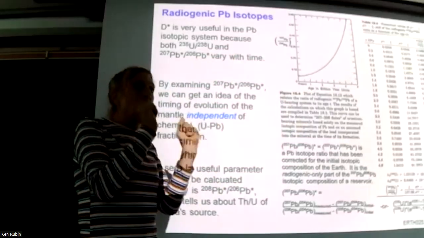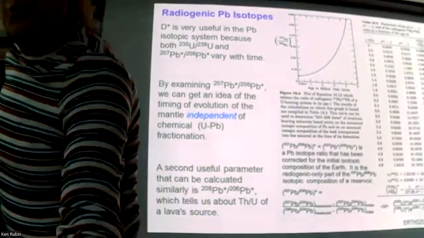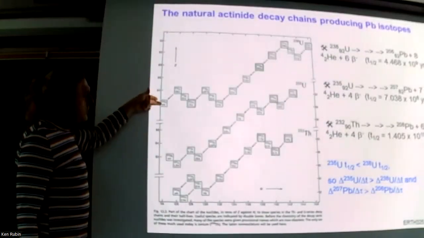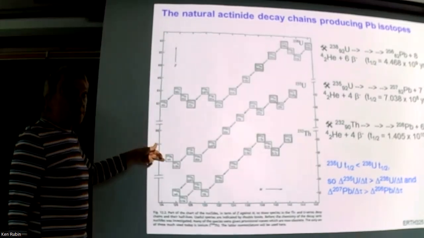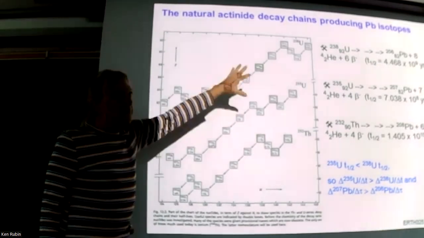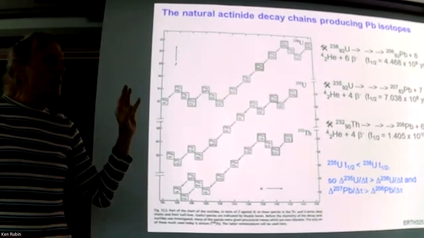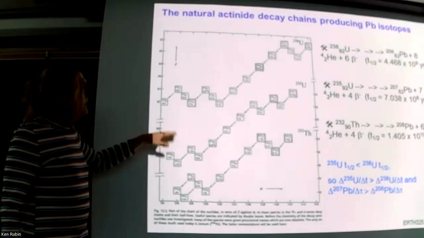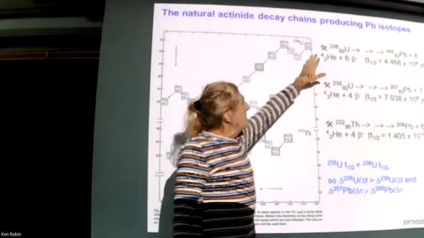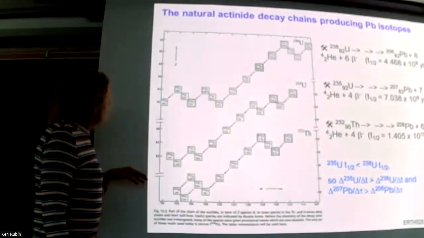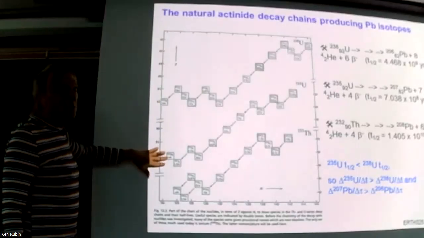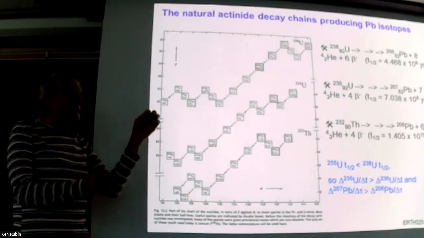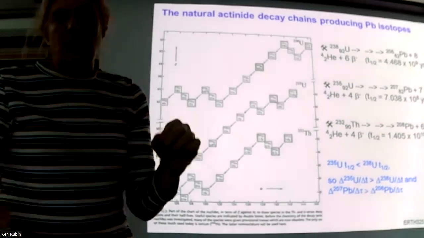Or you can look at the two different daughters from these two chains, and look at the 206 relative to 207. They both come from uranium, so we don't have to worry about uranium-lead fractionation. If the system has been closed, then the only variation is time, the effective time, because of a long half-life and a shorter half-life. So instead of looking at the bulk 206 and bulk 207, we just look at the radiogenic component, meaning the part that has had the initial value subtracted off.